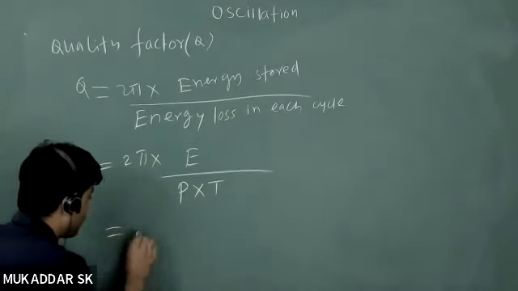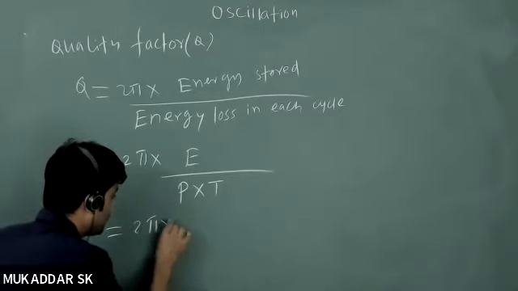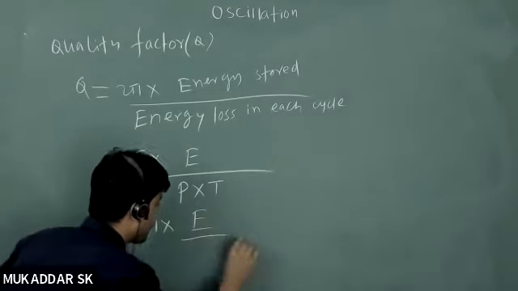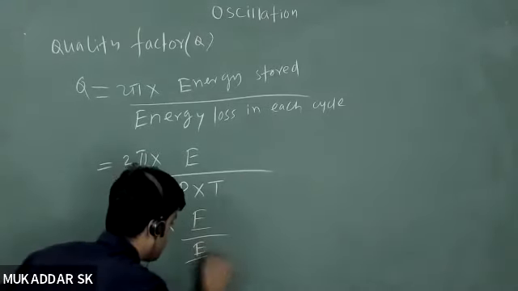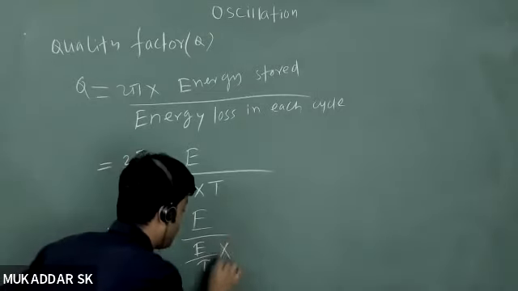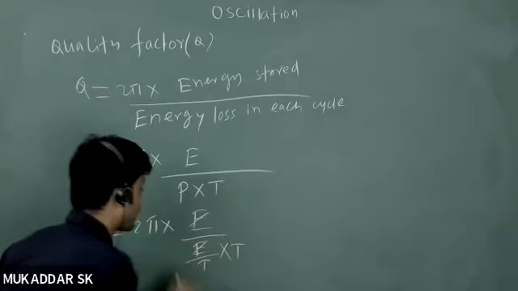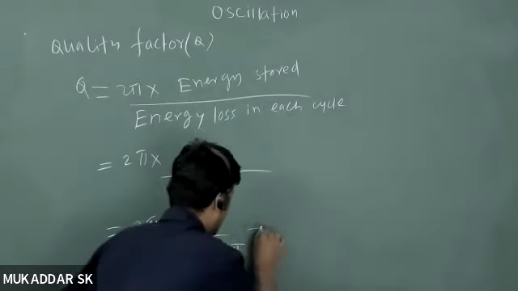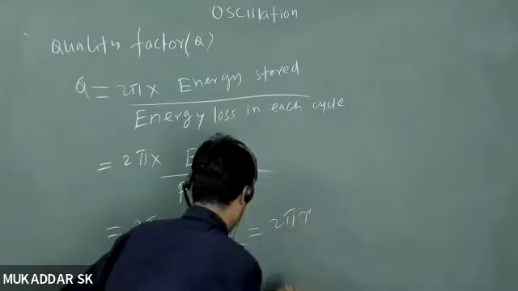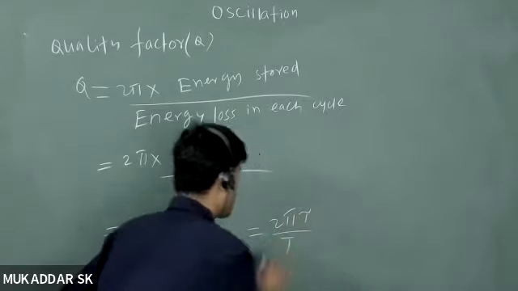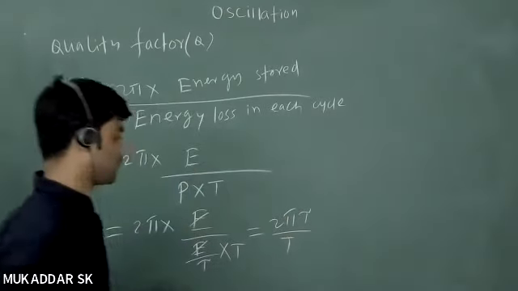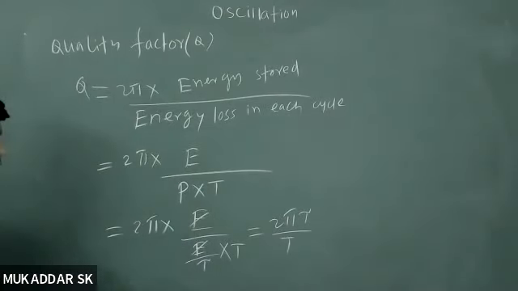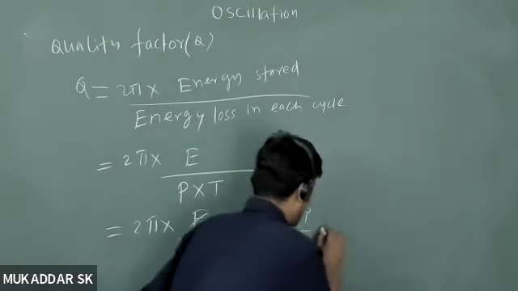And if you remember, just now we have seen that power dissipation is nothing but E divided by relaxation time, and you have the time period. So these things will be cancelled. What you get from here is 2 pi times tau divided by T, and 2 pi by T, where T is your time period. So 2 pi by T is the angular frequency.